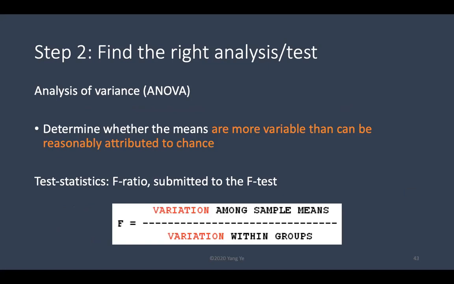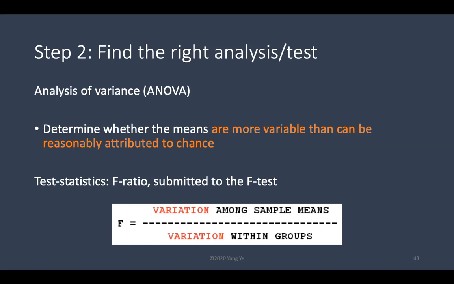Now, find the analysis and the test. The analysis we'll be running is called analysis of variance. Basically, it asks whether the group means are more variable than can be reasonably attributed to chance. This is done by translating data into a test statistic called the F ratio. The F ratio is a ratio. As you can see, there's a numerator and a denominator. This is not a mathematical equation, but more like a conceptual equation.